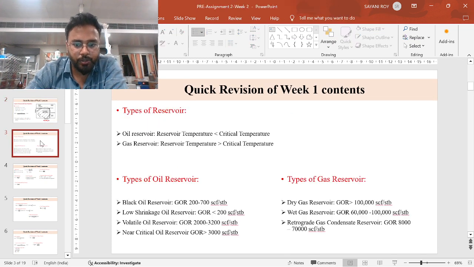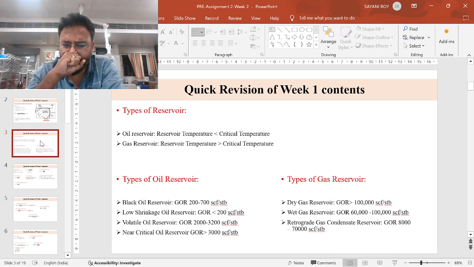Next slide. What are the types of reservoir? The types of reservoir are oil reservoir and gas reservoir. For an oil reservoir, the reservoir temperature is less than the critical temperature. For a gas reservoir, the reservoir temperature is more than the critical temperature.